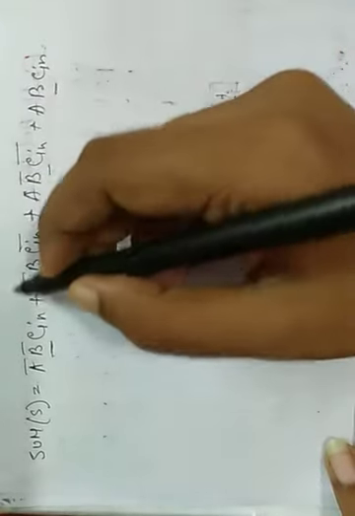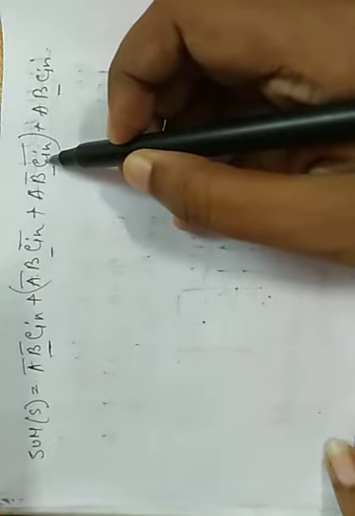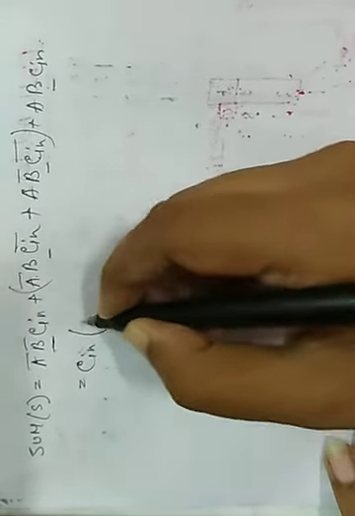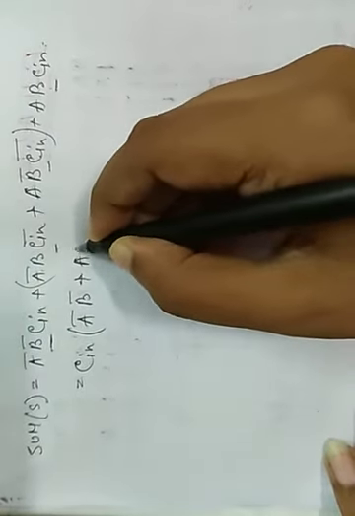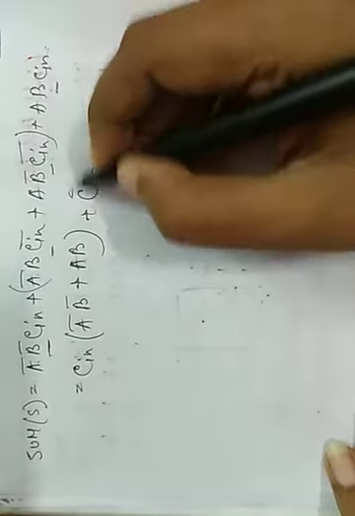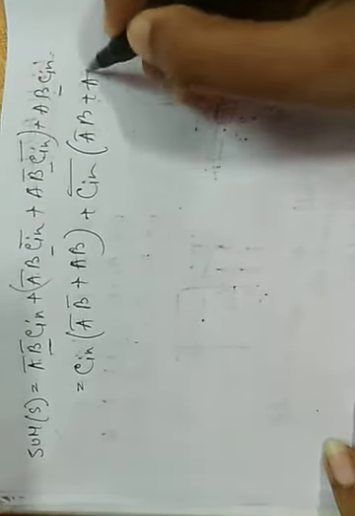So C in times A bar B bar plus AB, and plus, by taking C in bar common, A bar B plus AB bar.